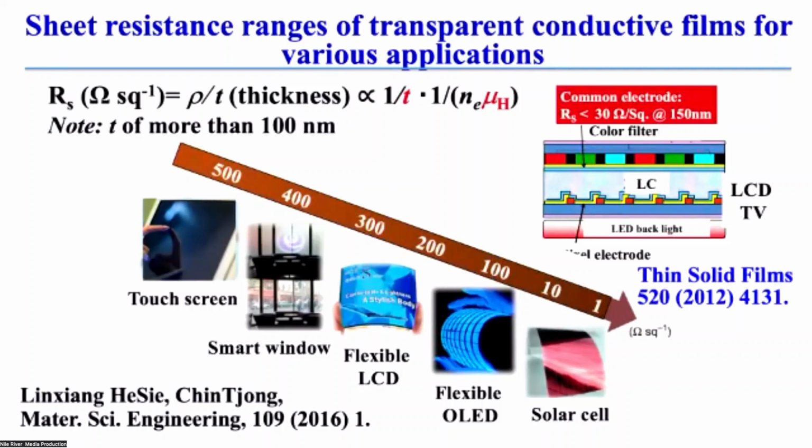As you know, sheet resistance is determined by the electrical resistivity and film thickness, especially Hall mobility, that is, the transport properties.